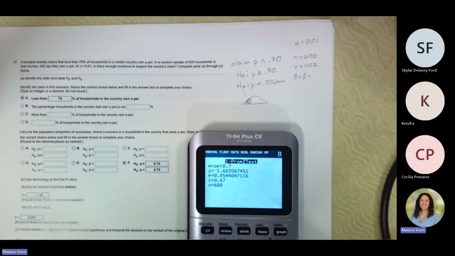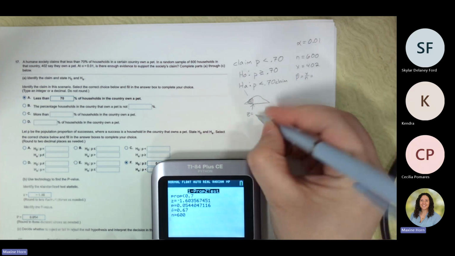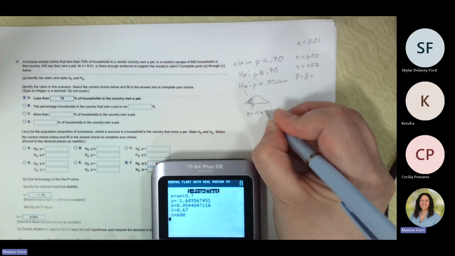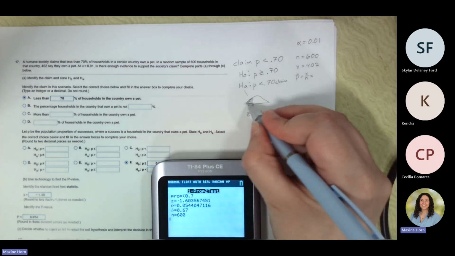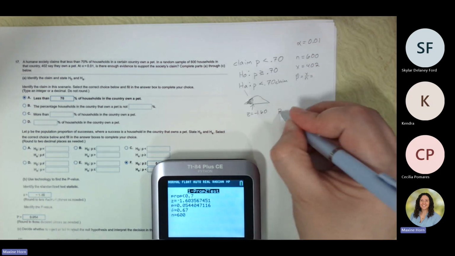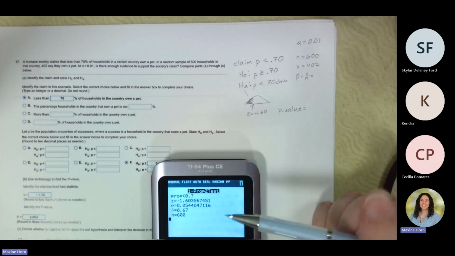All right, so our test statistic, our z-score, is negative 1.60 if we go to 2 decimals. And our p-value, that area that's shaded in, is equal to this p right here.